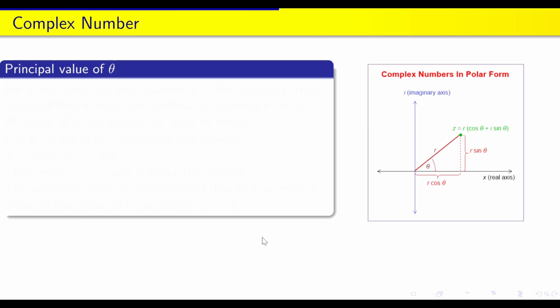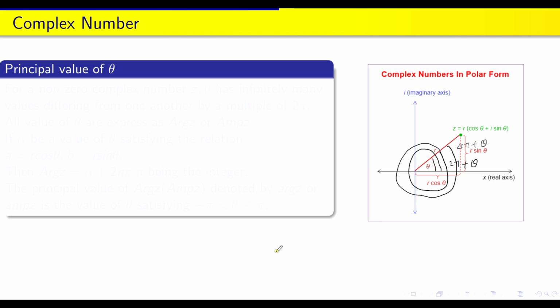You can see from the figure, this theta is the argument of this complex number z. But if I measure this angle like this, this will be 2 pi plus theta. This is also an argument of the same complex number. If I continue this process, I will get another argument, 4 pi plus theta.